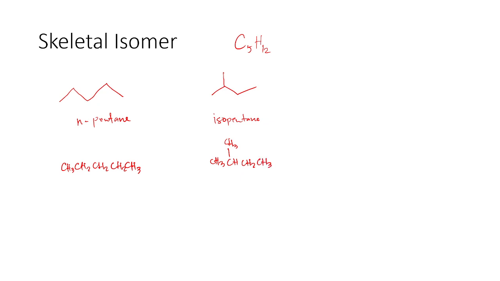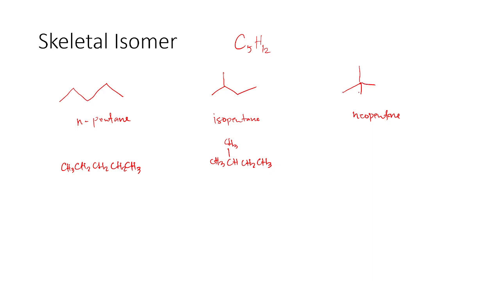Okay. So for the last skeletal isomer of pentane, as you may have remembered, we have our neopentane. So if we have here our central carbon, we will have here a methyl group, another methyl group here, another methyl group here, and another methyl group here.